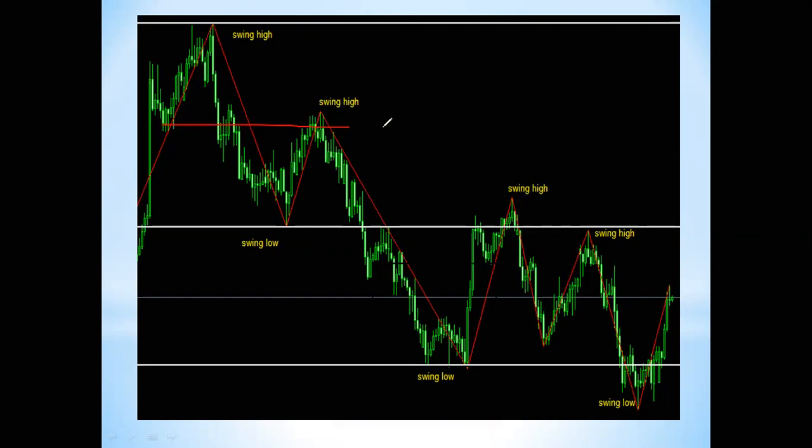And it's no surprise that when these support and resistance levels are actually penetrated, people start to place pending orders, and they buy and they sell at these particular levels and at the breakouts as well.